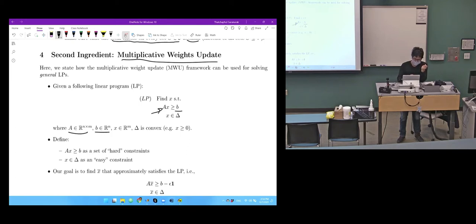You want to find x such that Ax is at least b, and x is in some convex set. Maybe think of this as just anything positive. That's one canonical example. Or think of x as between 0 and 1 for all coordinates.